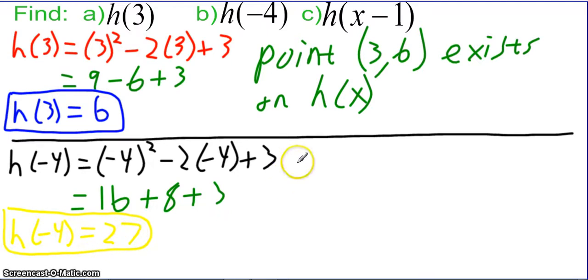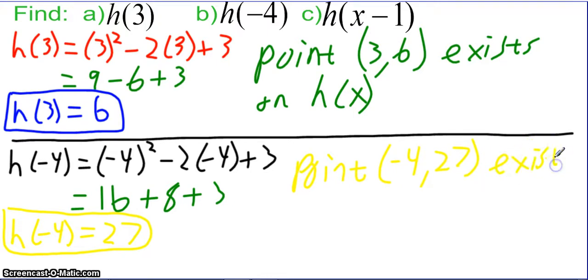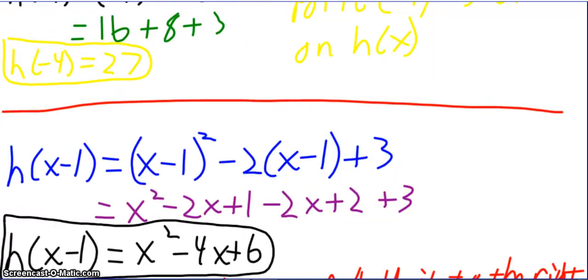Again, this tells us the point (negative 4, 27) exists on h of x.